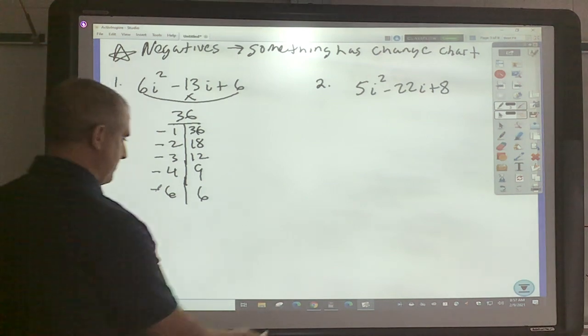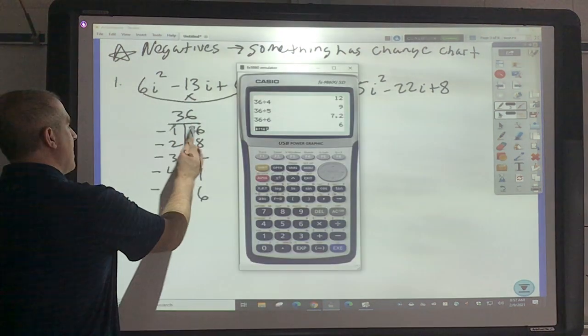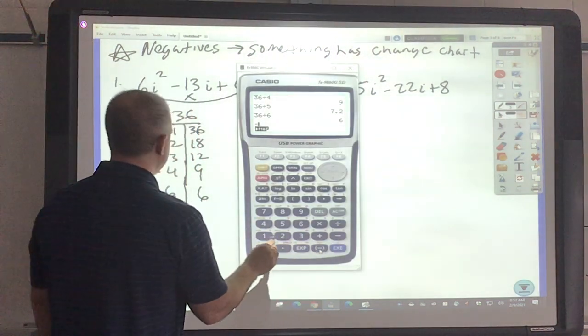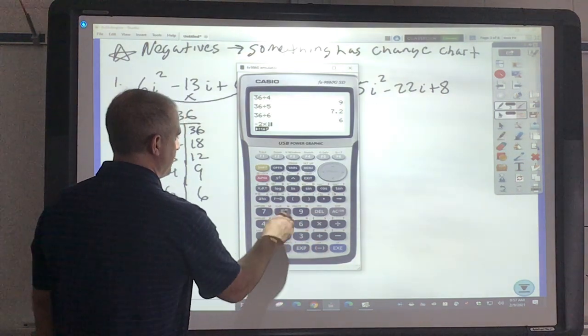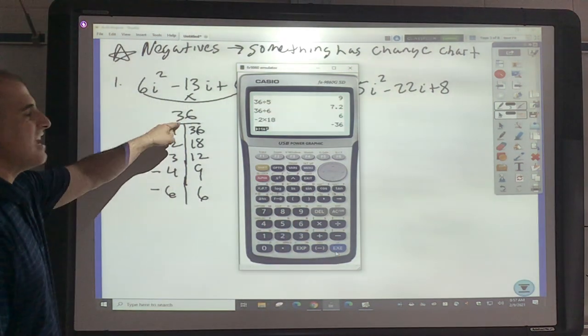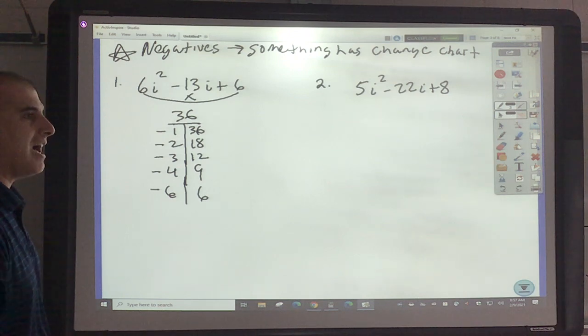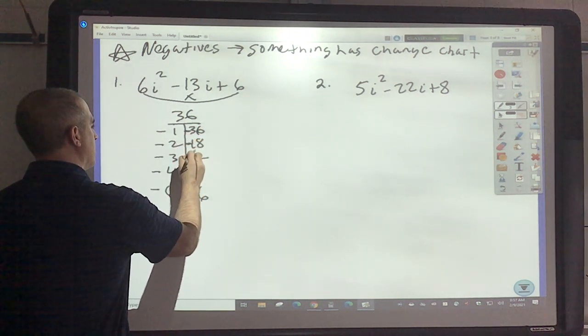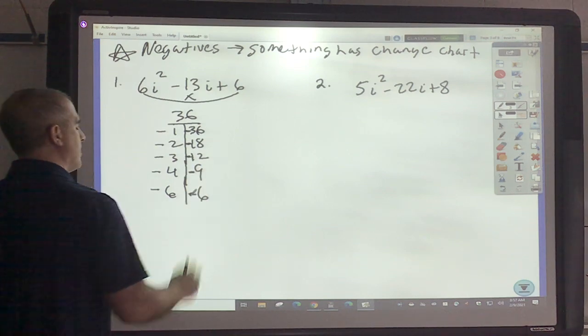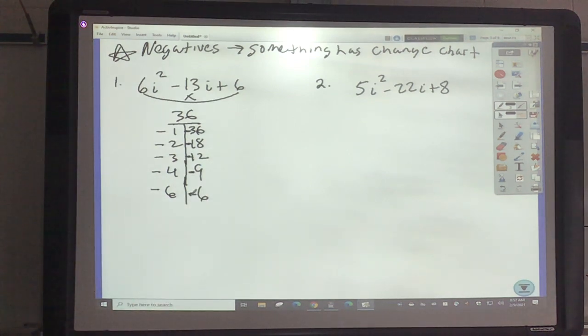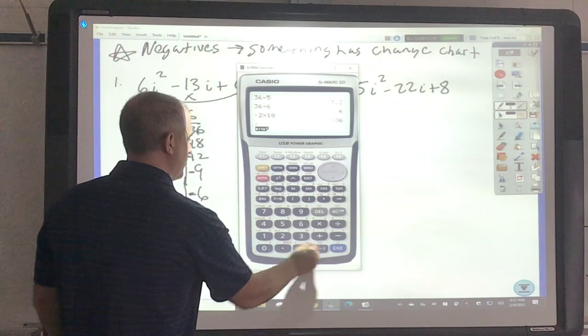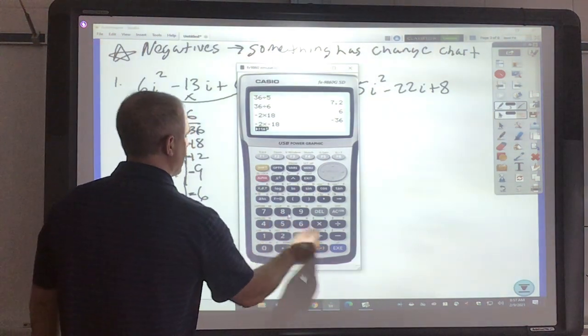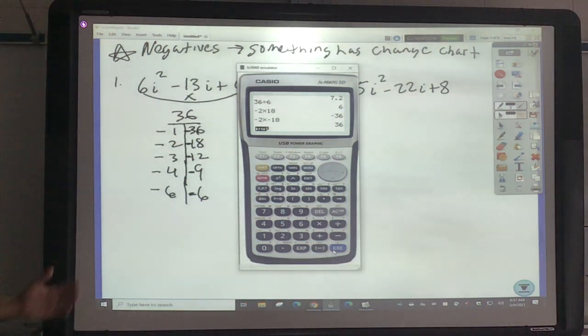Remember, this times this has got to give me that. If I multiply negative 2 times 18, I get negative 36. I need this to be positive. So I'm going to make both sides negative. Why? Because negative 2 times negative 18 would give me positive 36.